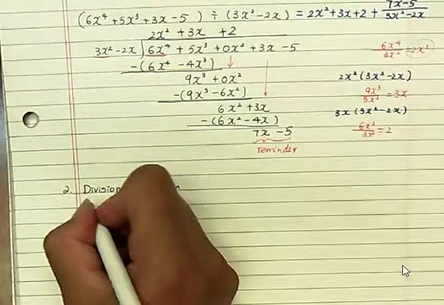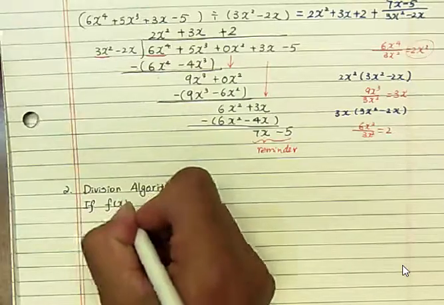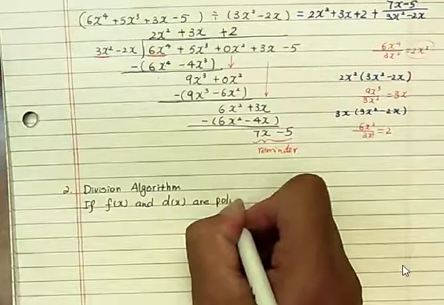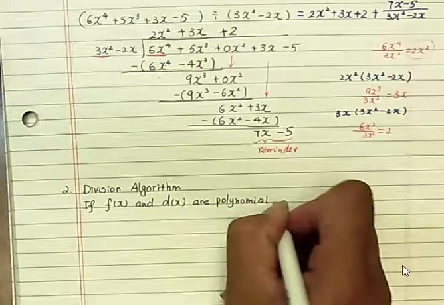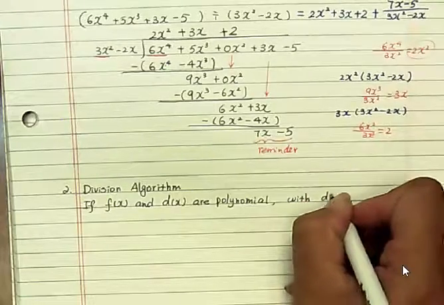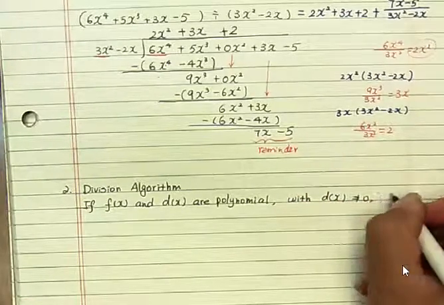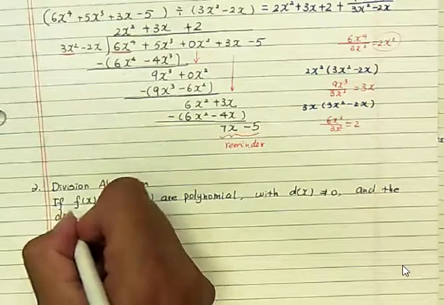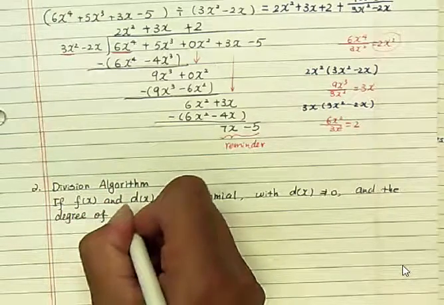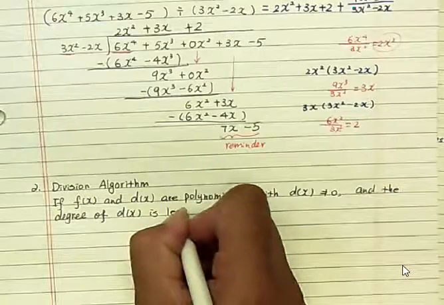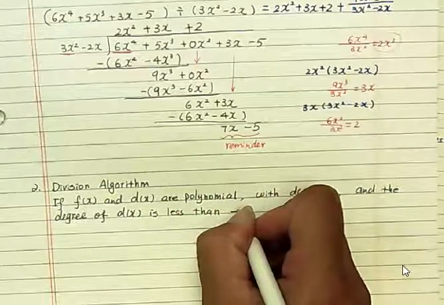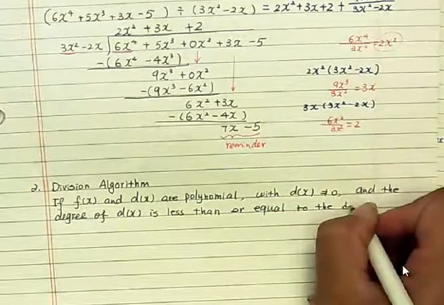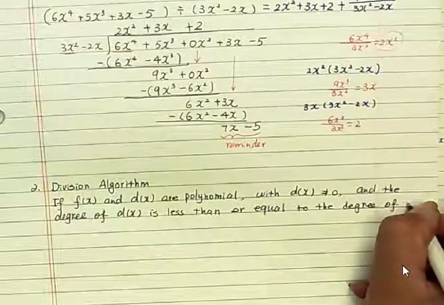So what it says is that if you have f of x and d of x as polynomials, with d of x not equal to 0, and the degree of d of x is less than or equal to the degree of f of x.